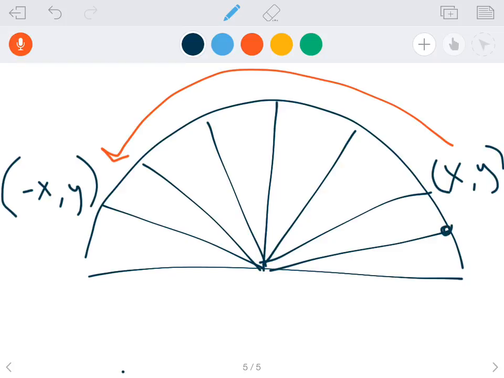So if this point right here was square root of 3 over 2 and 1/2, then this point over here is just negative square root of 3 over 2, 1/2.